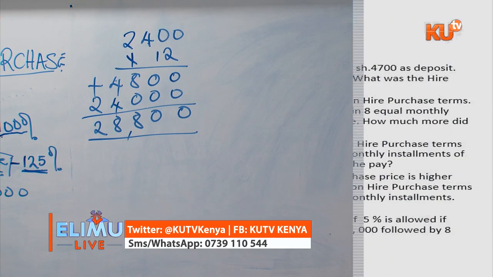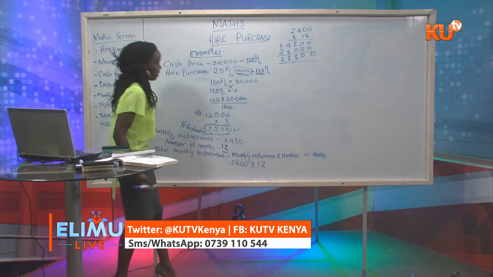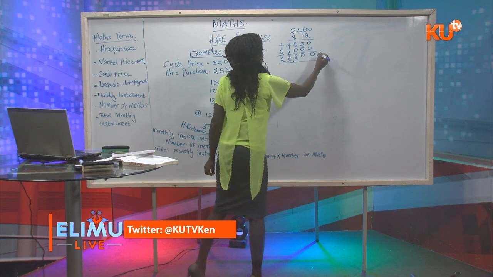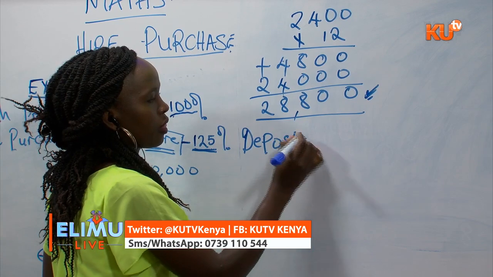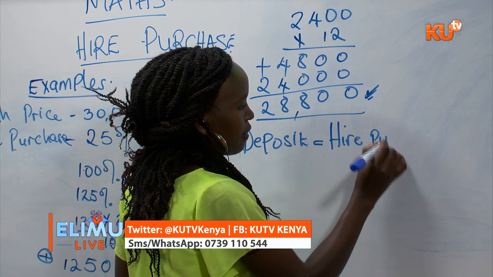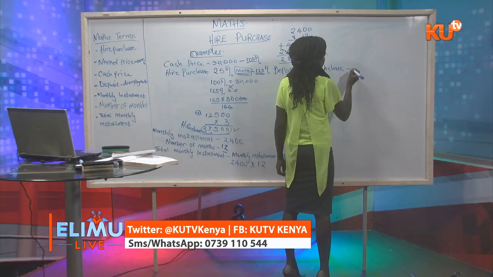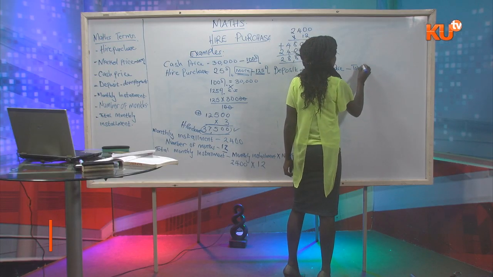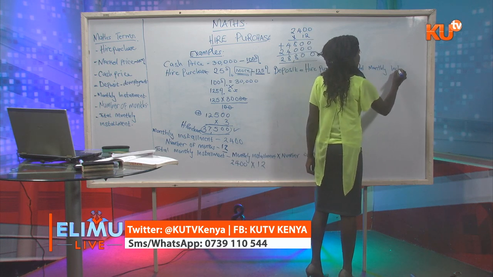What is the question? The question is, how much deposit did he pay? We have our hire purchase here, and then we have the total monthly installment. To get the deposit, you take the hire purchase minus the total monthly installment.